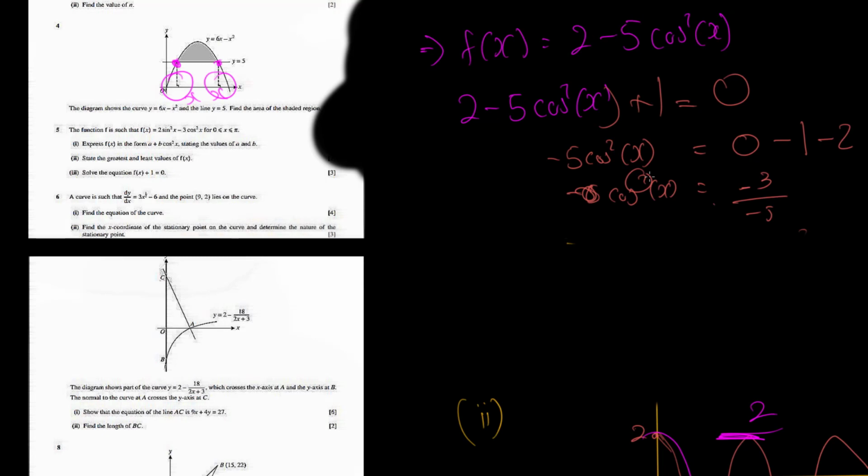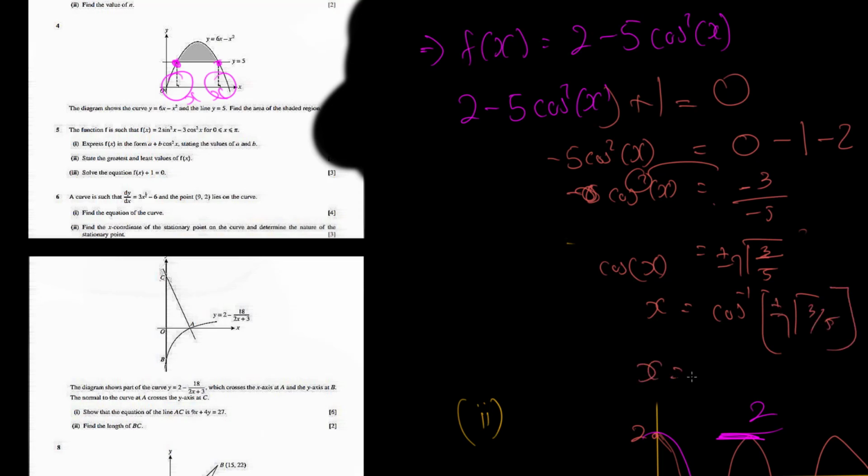So if I move the square to the other side, it will be root plus minus 3 by 5 equals cos x. Therefore x is equal to cos inverse root of plus minus 3 by 5, which will give you x to be 0.085 or x to be 2.46, and that's your answer right there.